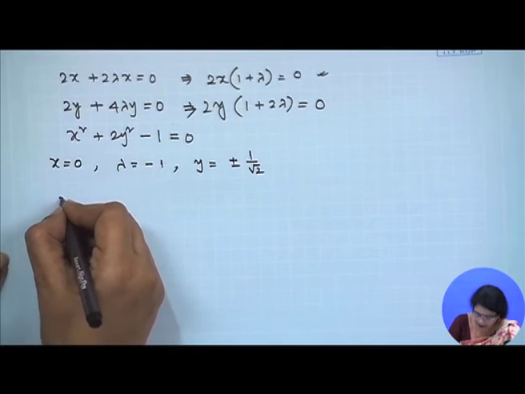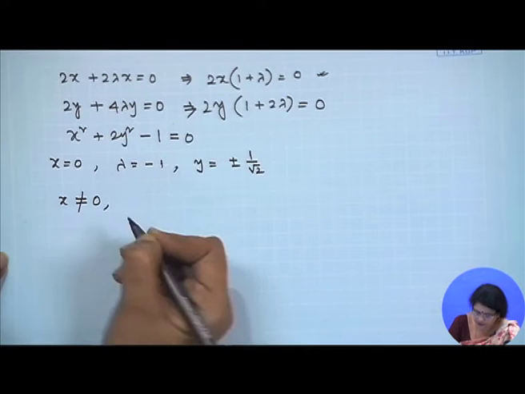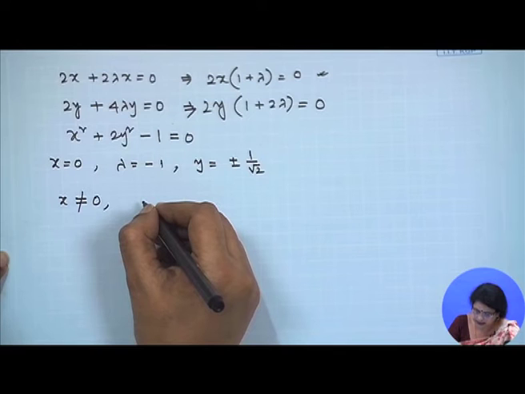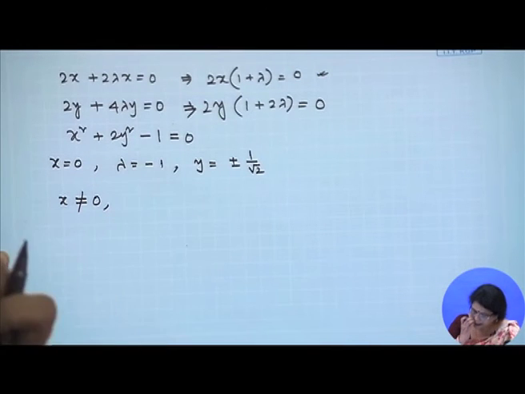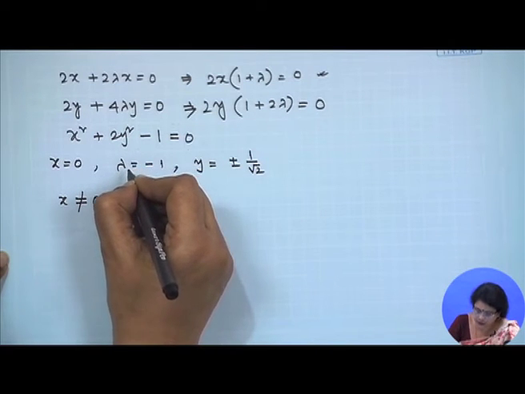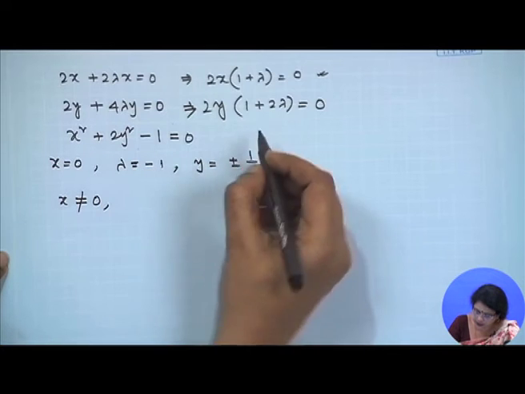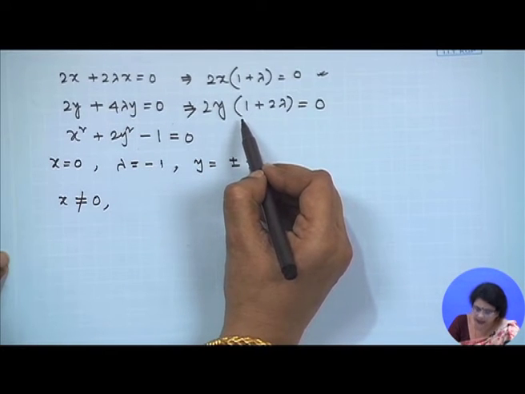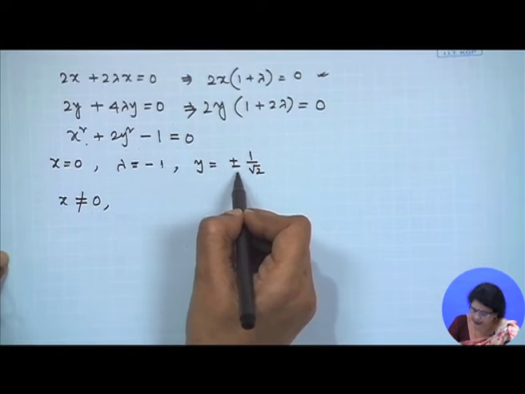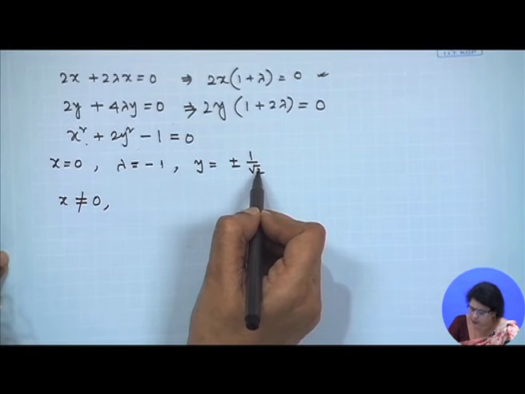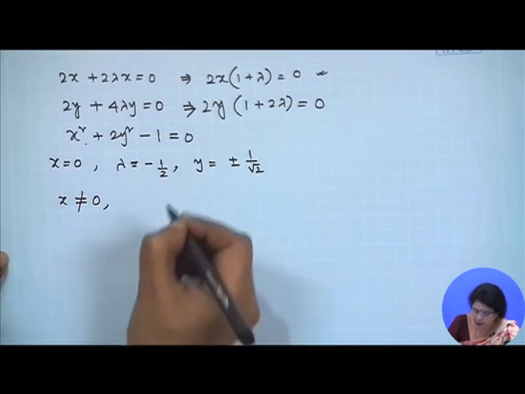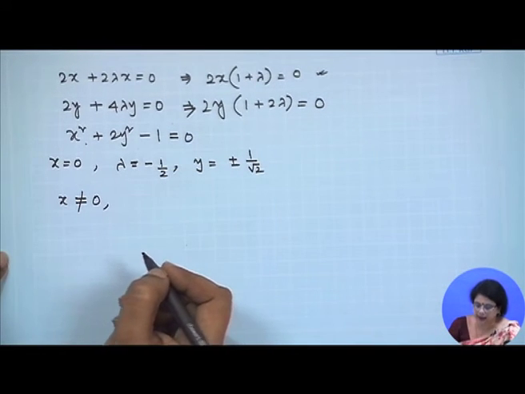But if x is not equal to 0, then lambda cannot be equal to minus 1. Then what should be the value for lambda? From here we are getting y is equal to plus minus 1 by root 2, and lambda is equal to minus half.